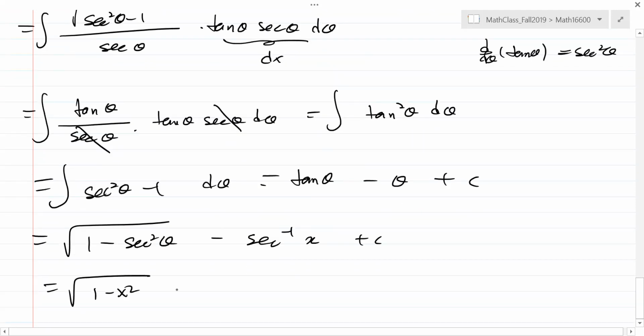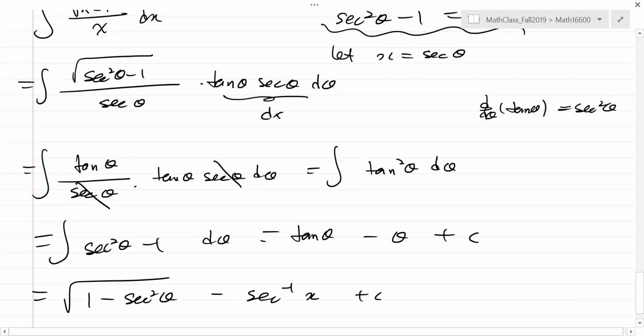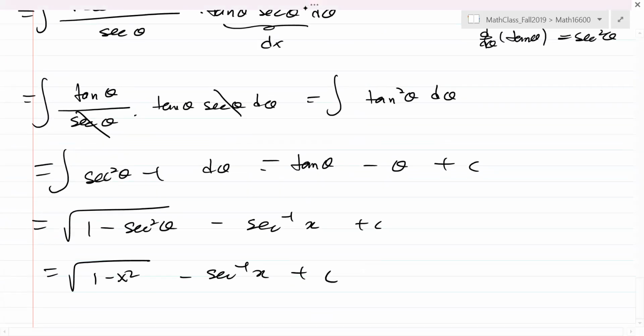So it's 1 minus x squared, and that is the answer. Or x squared, no, minus, wait a minute, x squared, yes, that's my mistake. This is secant squared theta minus 1, so that's x squared minus 1.